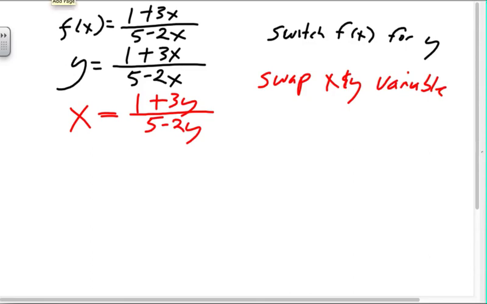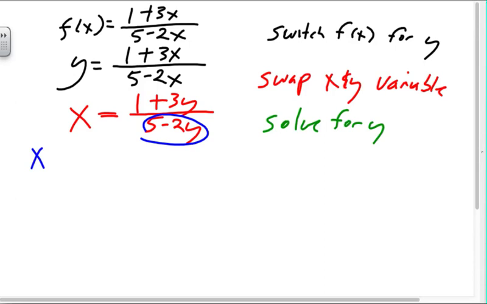And at this point, everyone's looking and thinking, okay, you got 2 y's and you got a fraction. So now we're going to solve for y. And the first thing I'm going to do is get rid of the fraction, which means I'm going to multiply both sides by my denominator.